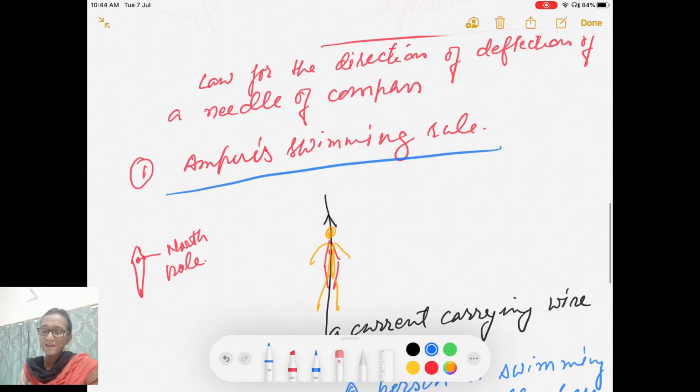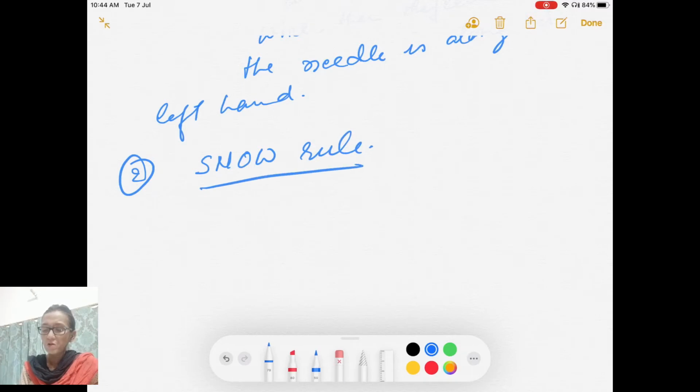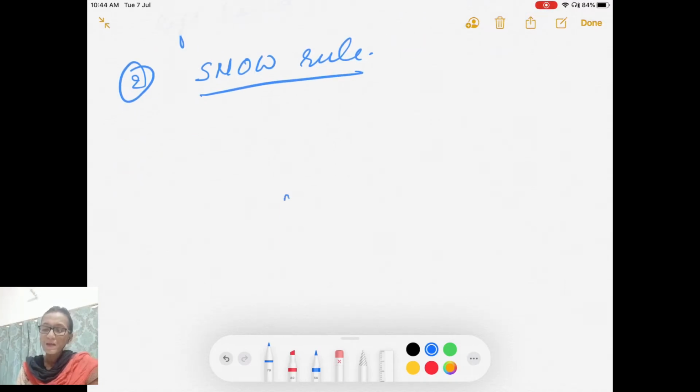Now for the deflection of needle we have one more law that is called Snow rule. S-N-O-W, Snow rule. What is Snow rule? Your compass needle is there in north-south direction. It always remains in north-south direction because of the Earth's magnetism.